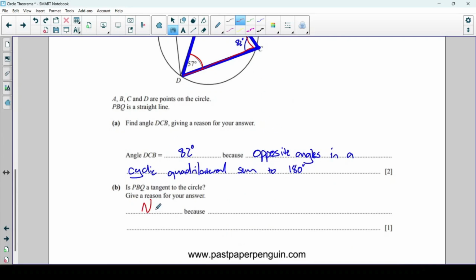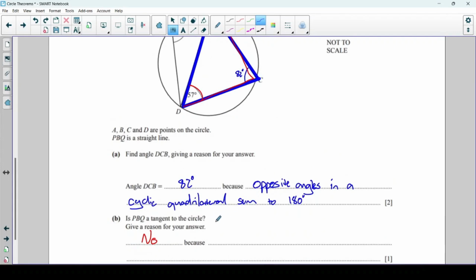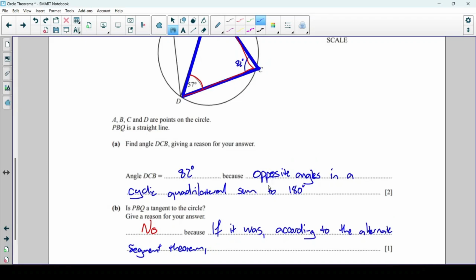So no, because if it was a tangent, then according to the alternate segment theorem, those two angles would be equal.